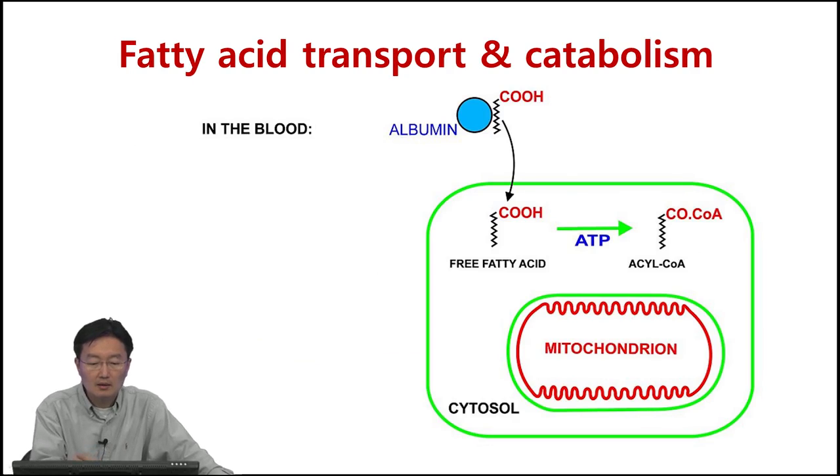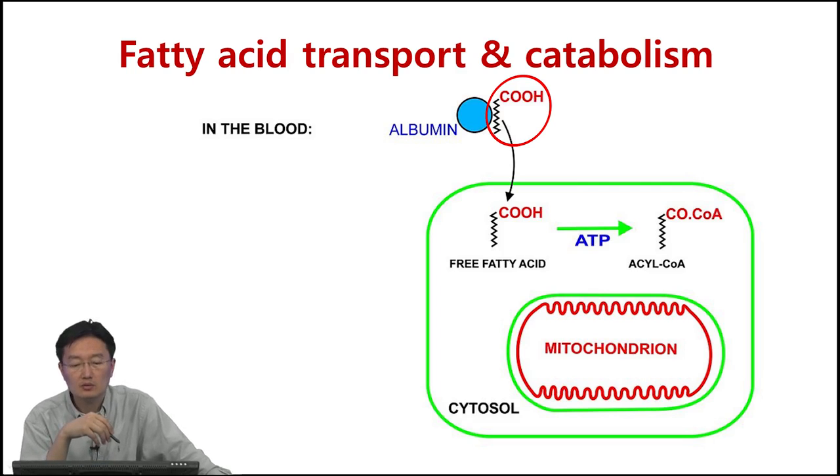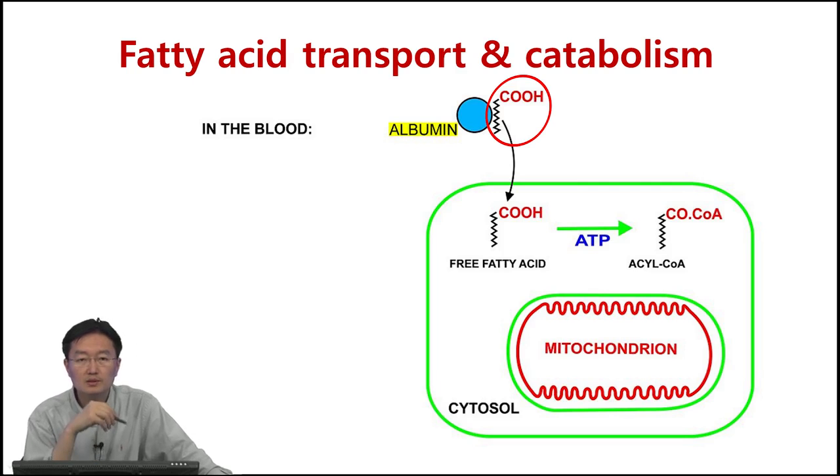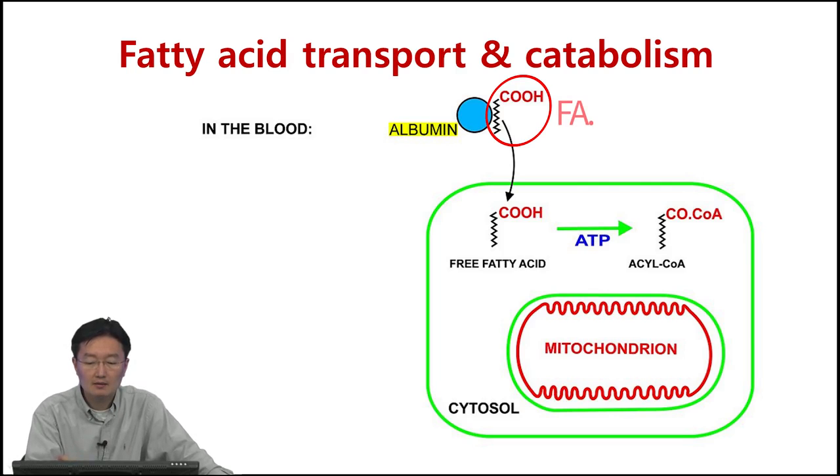So again, free fatty acid, this is like an overview cartoon. Fatty acid in the blood is hydrophobic. These molecules cannot be freely available inside the blood. So rather, the serum albumin protein is a kind of carrier for fatty acid.